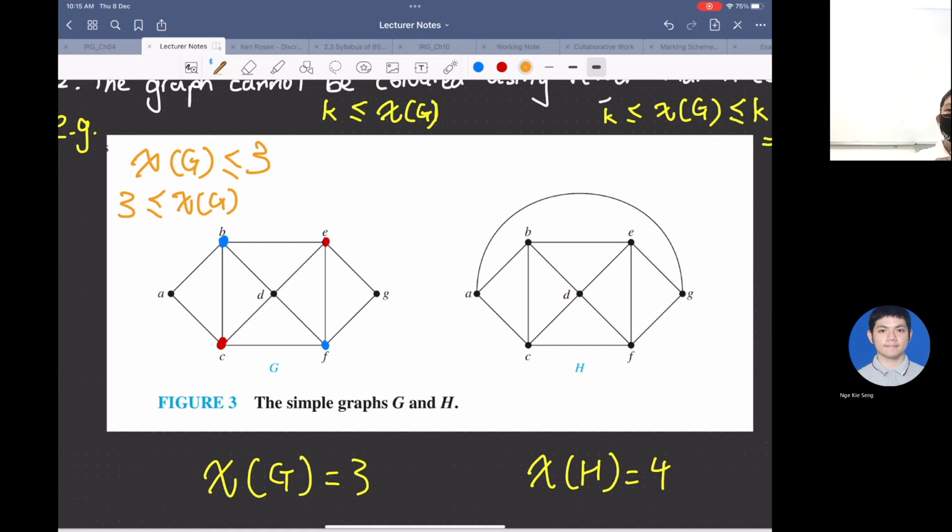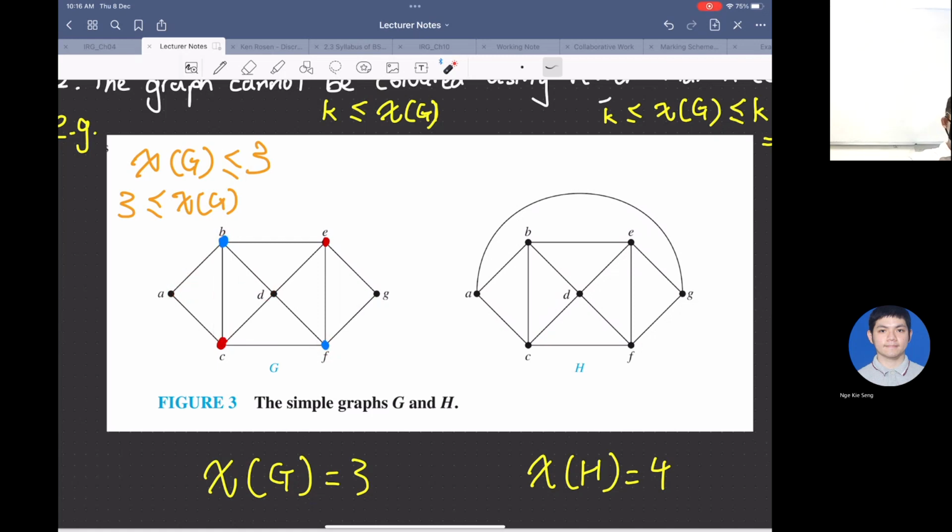If you remove one color, then you cannot make sure that adjacent vertices have different colors. For example, if you remove blue and put black here, there will be adjacent vertices with the same color. If you put red here, there will also be adjacent vertices with the same color.